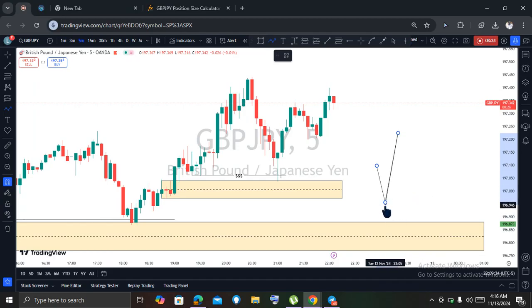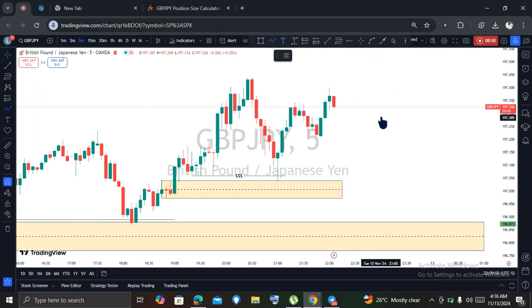It will either use this one as the liquidity, do something like this and continue to the upside, or better still, engineer liquidity. So the market will do something like this, right? It will engineer liquidity. Maybe we have a confirmed uptrend, right?